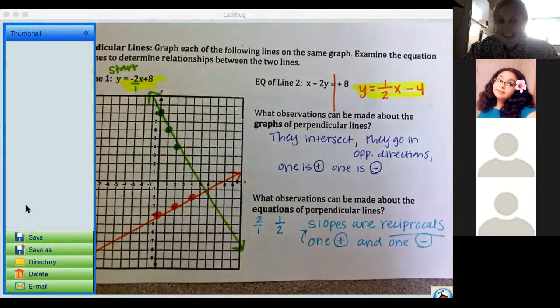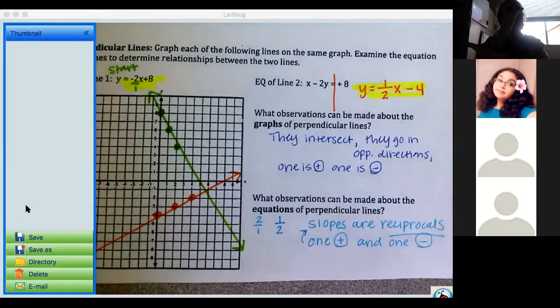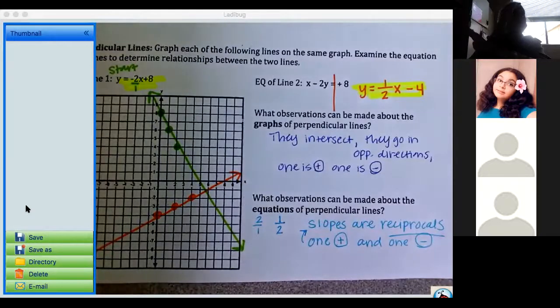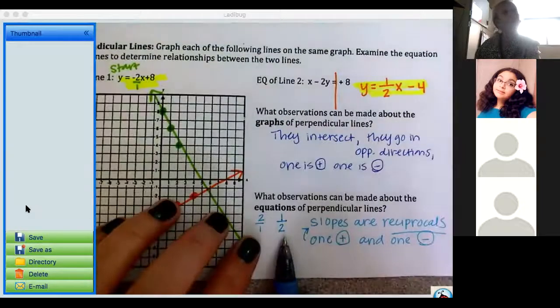Perpendicular lines, they don't just intersect, they intersect to form what kind of angle? A right angle, which is how many degrees? Good. You're going to do a whole bunch of that in math 2. We don't really deal with angles in math 1. The reason it's always 90 degrees is because the slopes are reciprocals.